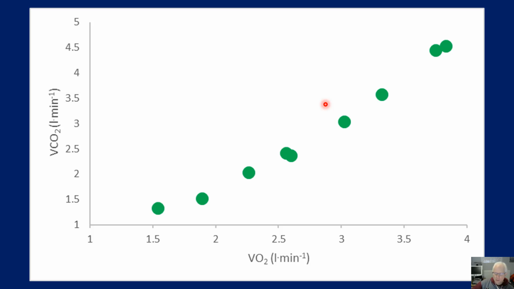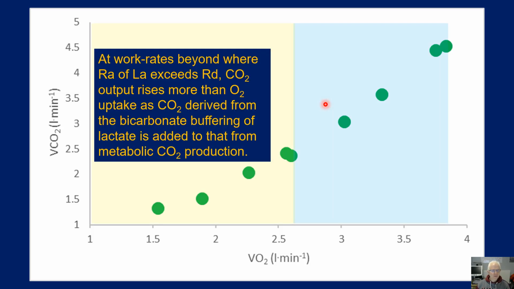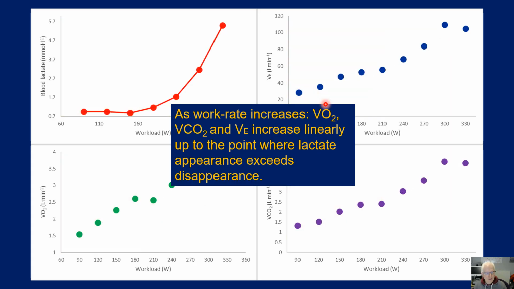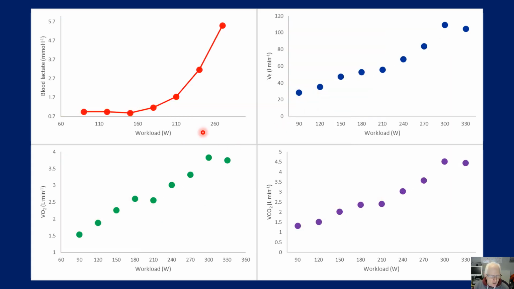The amount of CO2 you produce is proportional to the amount of energy that's needed, up to a point. Now what you see is this: at work rates beyond where the rate of lactate appearance exceeds its disappearance, which is the lactate turn point we identified on the previous graph, I'm just going to flick back so that we're with it. We identified it at a workload here of 210 watts.